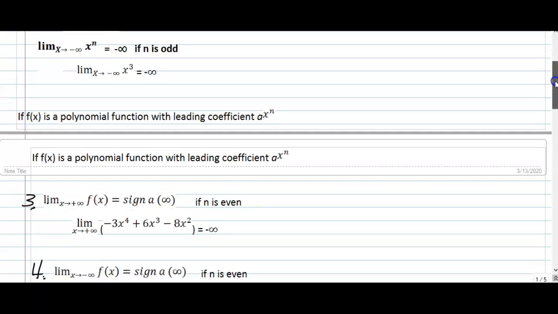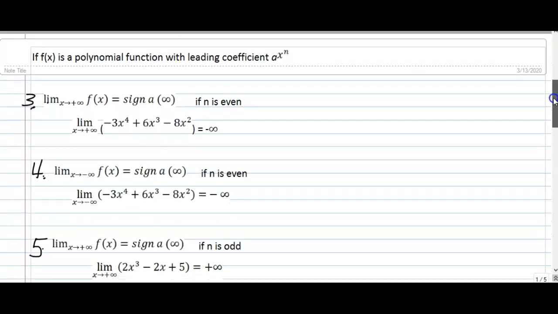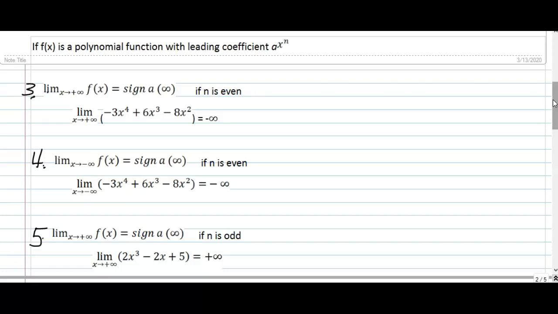Now, we're going to expand these concepts of the limit as x approaches positive or negative infinity to polynomial functions. And here, all we really need to do is look at the leading coefficient in the polynomial function. The leading coefficient is the term that has the greatest power of x.